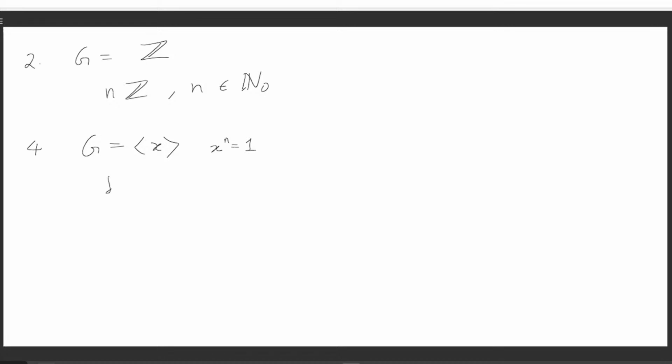Show that for any group H, homomorphisms from G to H are in one-to-one correspondence with elements h belonging to H such that the order of h divides the order of G. That means in this case the order of G is n. So I want to show that this is uniquely determined by h in H such that the order of h divides n.